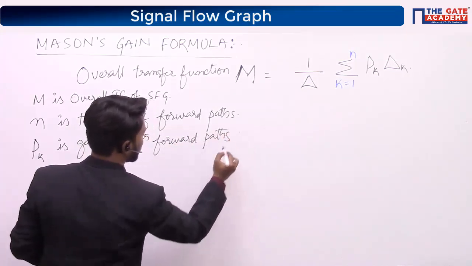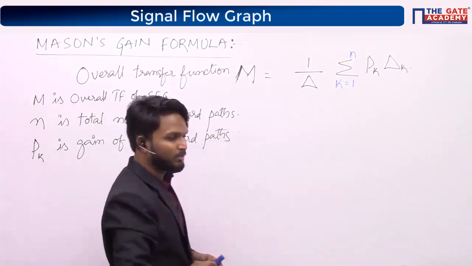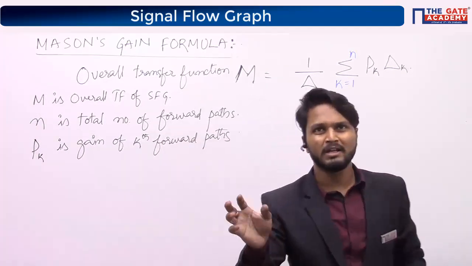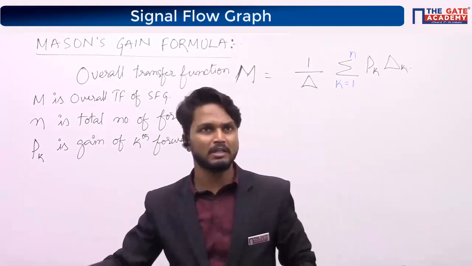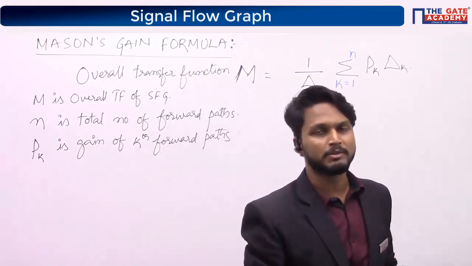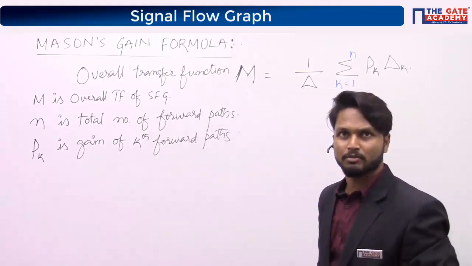So please keep noting these in your notebook, right? Mason's gain formula looks a little complicated, but it is not complicated at all. It is very, very easy. We'll see through all the problems, and this will be completely clear to you through the problems, right?